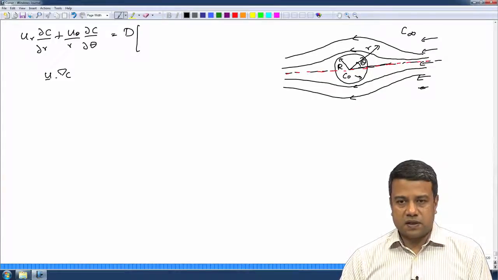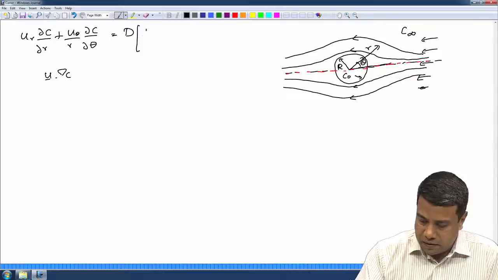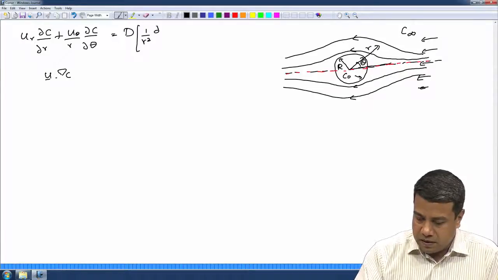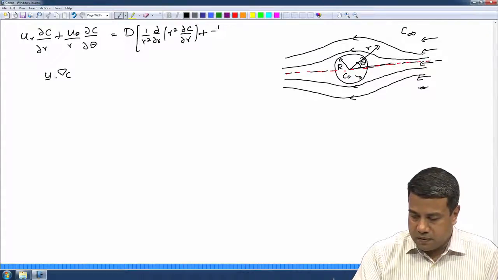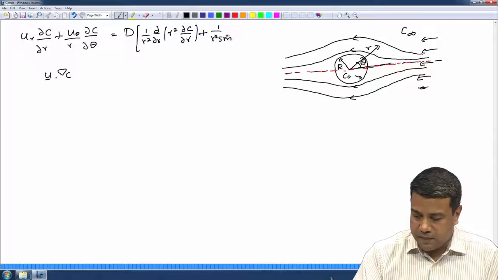In a spherical coordinate system, we had derived that for you: 1 by r square d by dr of r square partial c by partial r plus 1 by r square sine theta.